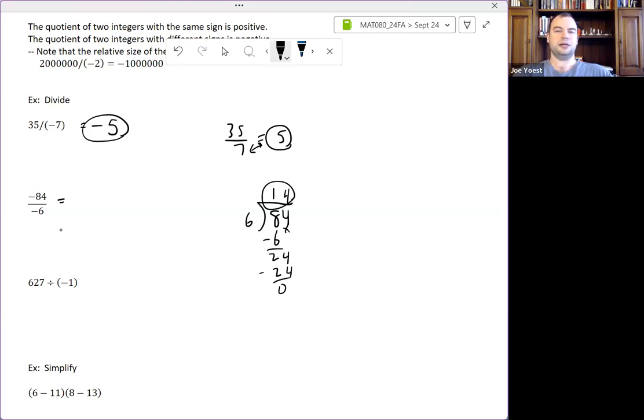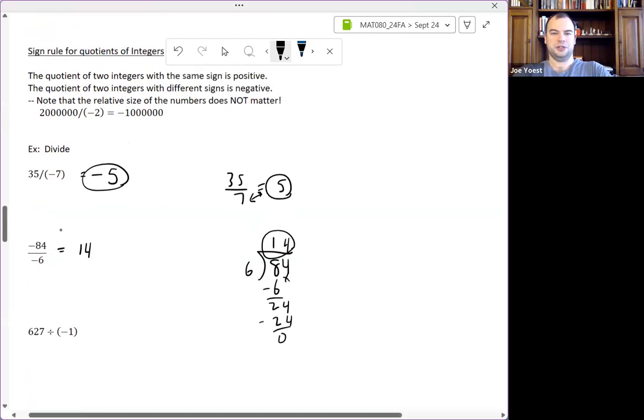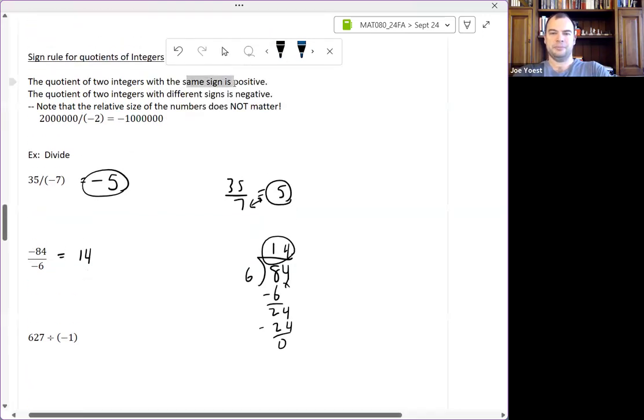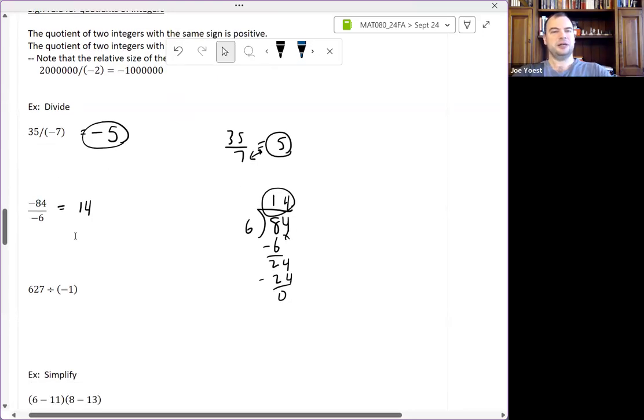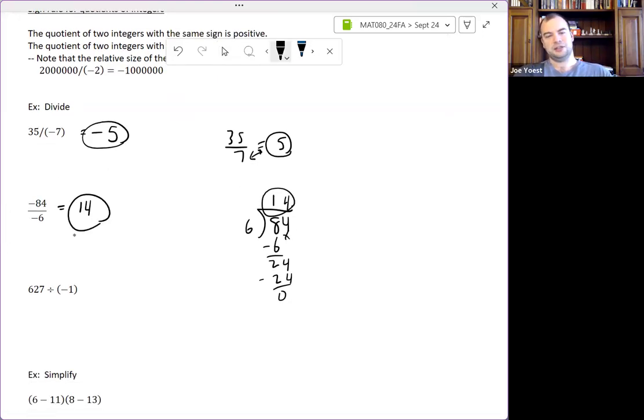Looks like 14 times 6 should be 84. So therefore, negative 84 over negative 6 gives me positive because I'm taking the quotient of two integers with the same sign, both negative. So my answer is positive, and its value is 14.